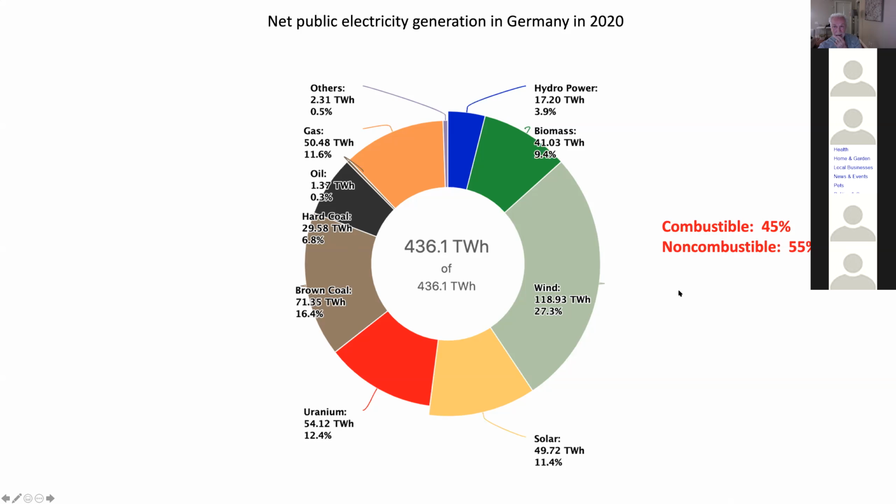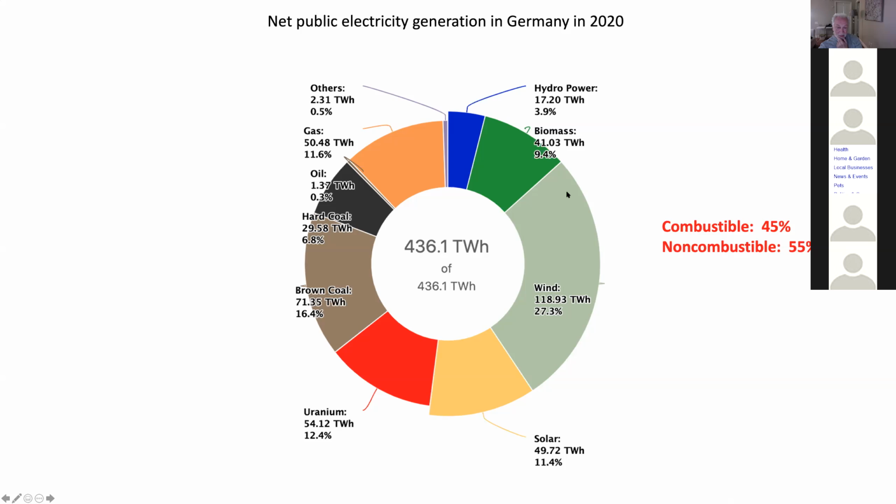But Germany is a model for the rest of the world to look at. How do they do this? A large part of the reason they can do it is that they do a lot of grassroots work with people and communities, convincing them that it's in their best interest to adopt energy sources that are non-combustible.